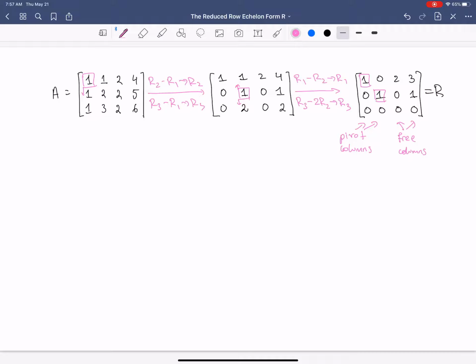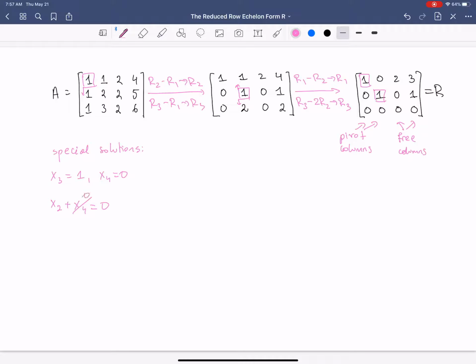So to find those special solutions, let's set x3 to be 1 and x4 to be 0. It really doesn't matter whether you do first x3 is 1 or x4. It's all the same. So from the second equation, we will have x2 plus x4 is 0.